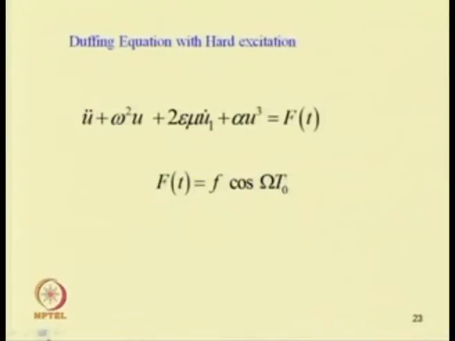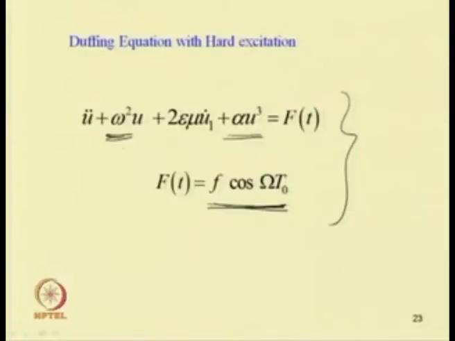In case of the Duffing equation with quadratic nonlinearity, here we have taken the hard excitation, that means the forcing term and the coefficient of the linear part are of the same order.